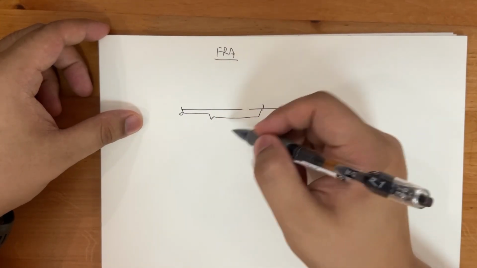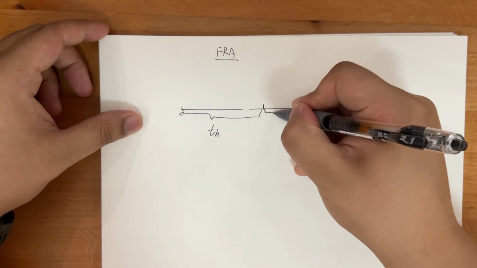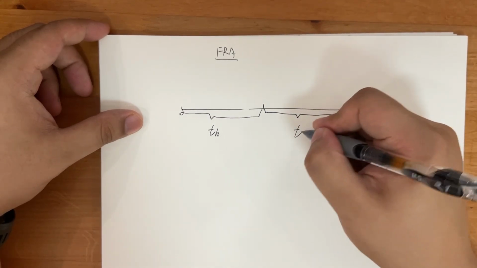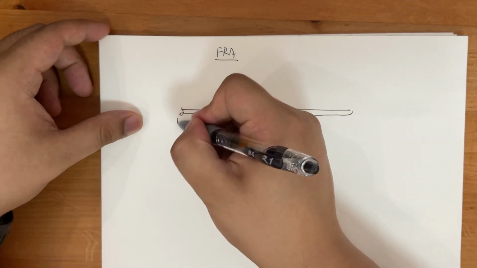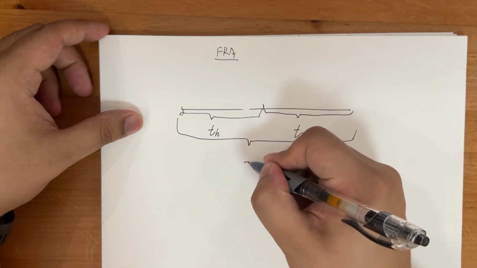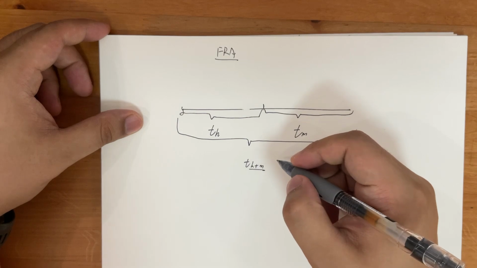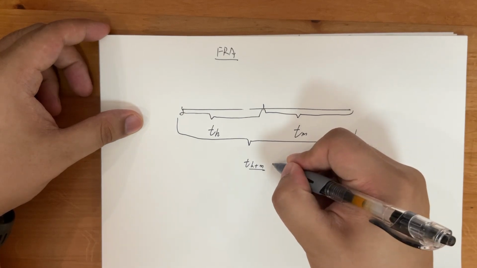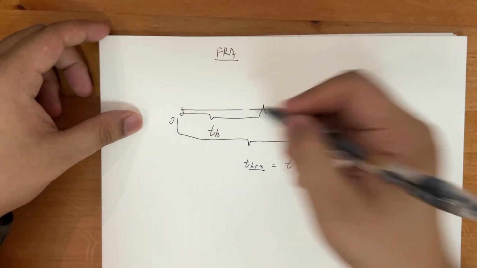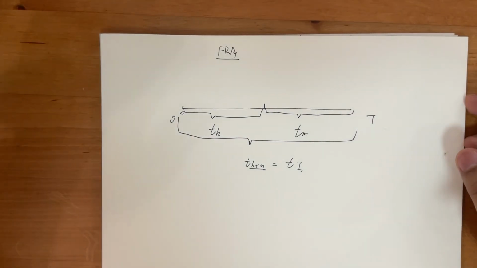I'm going to treat this time as h, and this will be the time, maybe m, and all this time will be the time h plus m, and you can also say that equals time t. So just time 0 all the way to time t. And a forward rate agreement is really simple.